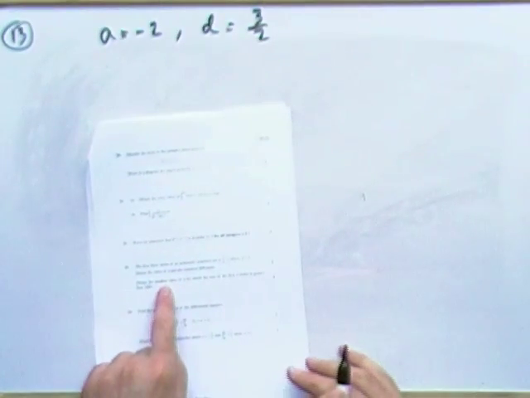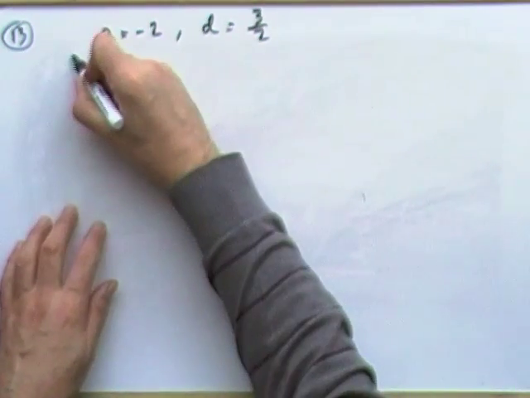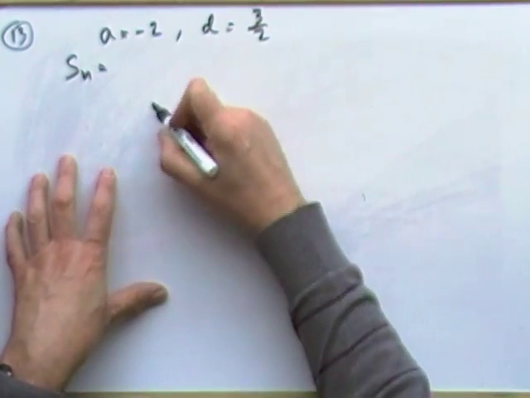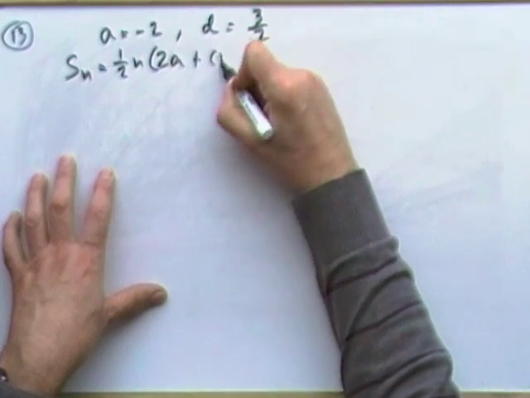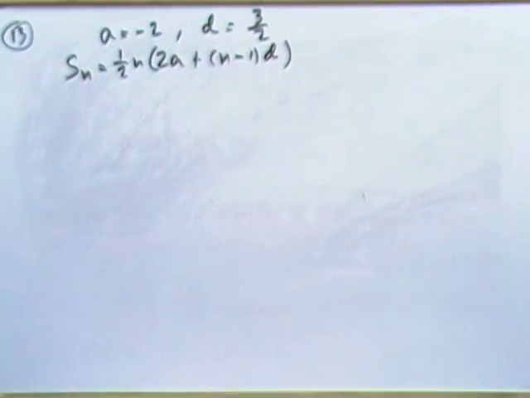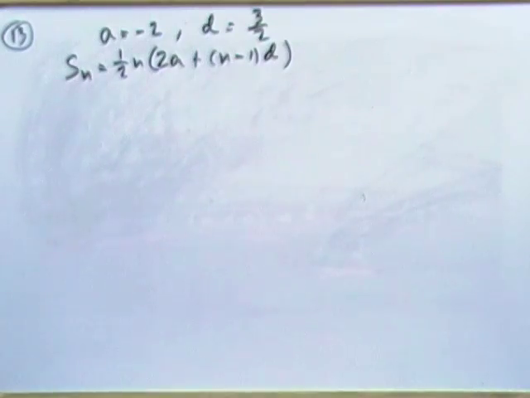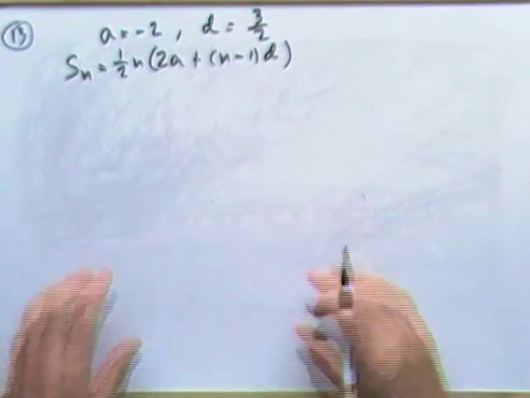Second part, obtain the smallest value of n for which the sum of the first n terms is greater than 1,000. Well, the formula, which you all need to remember, is a half n times 2a plus n minus 1 d, which is like saying the average of the first plus the last. A being the first and a plus n minus 1 d being the last.